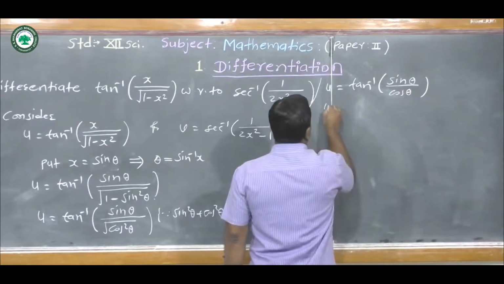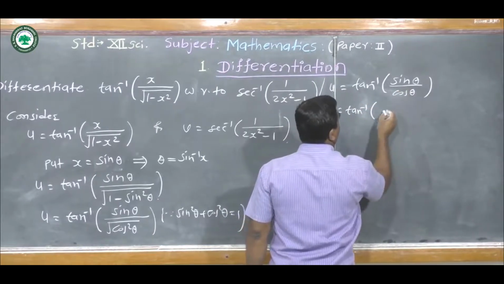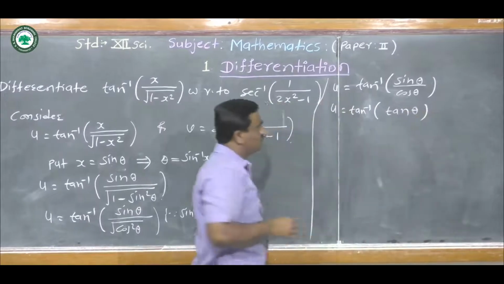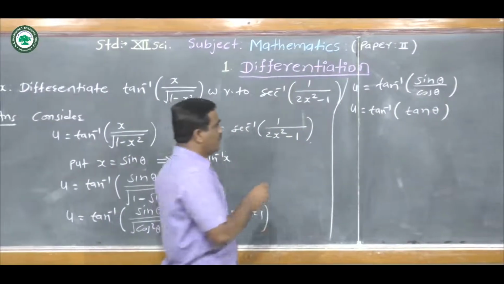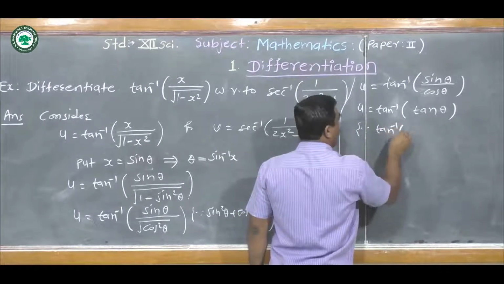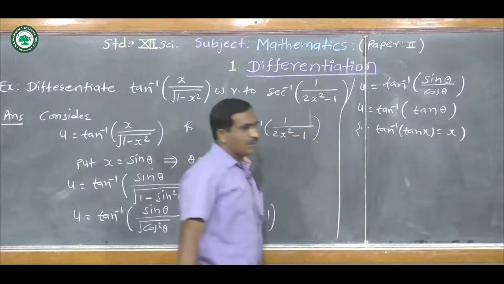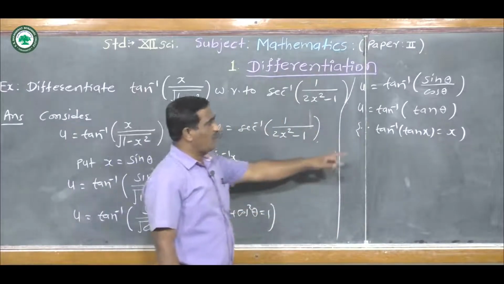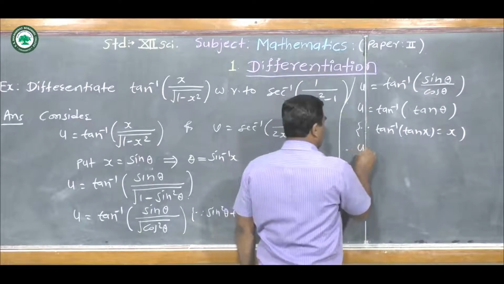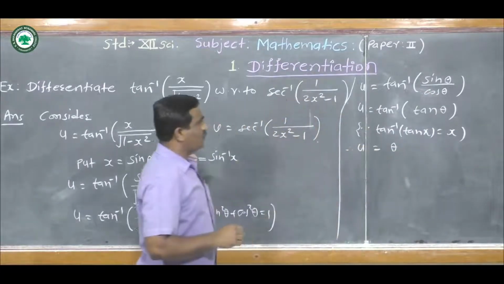That is, u is equal to tan inverse of sin theta upon cos theta, which means tan inverse of tan theta. Now use the formula tan inverse of tan x is equal to x. Using this formula, tan inverse of tan theta is equal to theta. Therefore u is equal to theta.